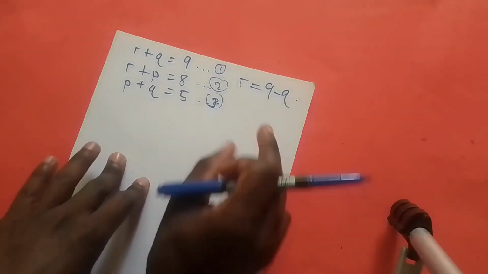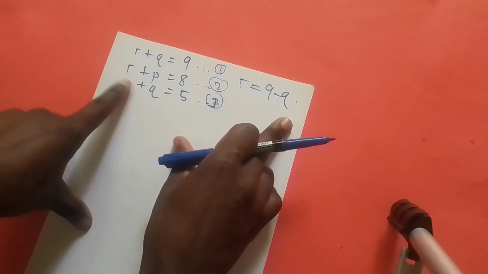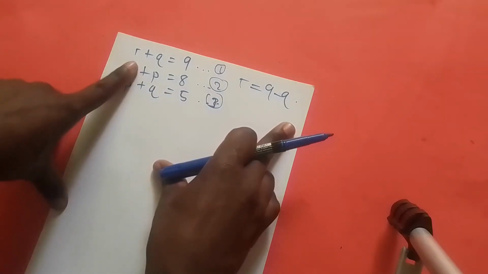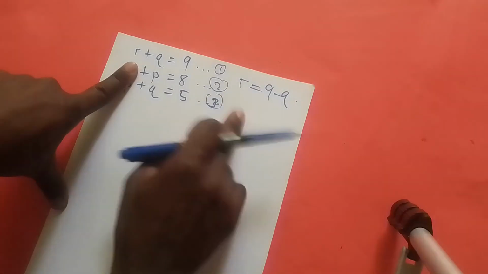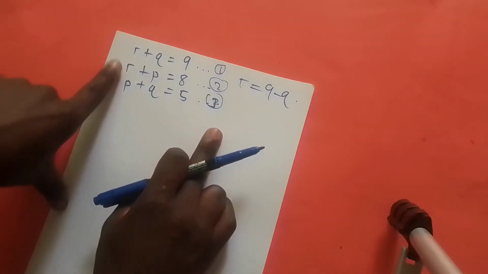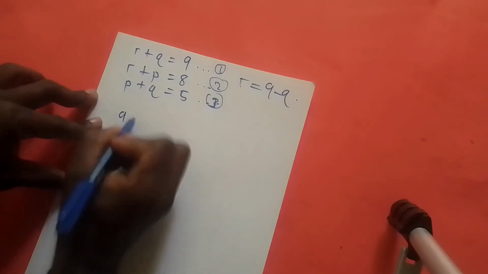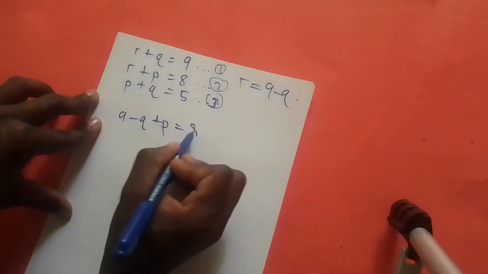So we are going to substitute r with 9 minus q in equation 2. Equation 2 is saying that r plus p is equal to 8. So we remove this r and put 9 minus q, since r is equal to this. So equation 2 now is 9 minus q plus p is equal to 8.